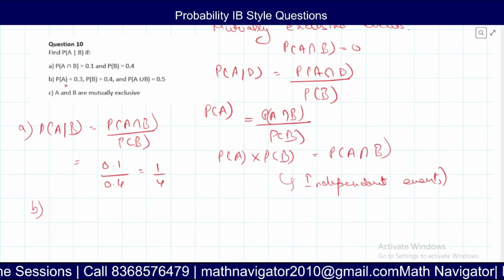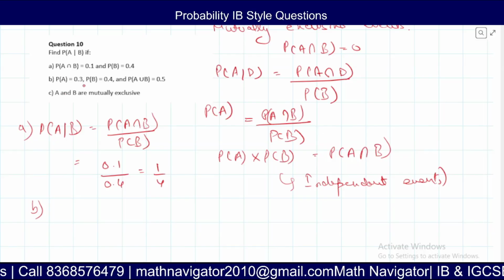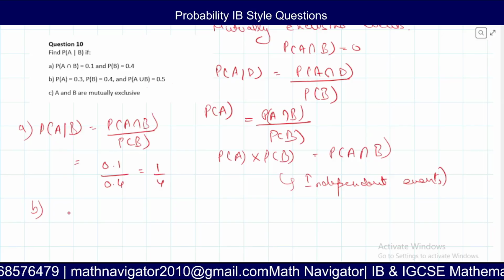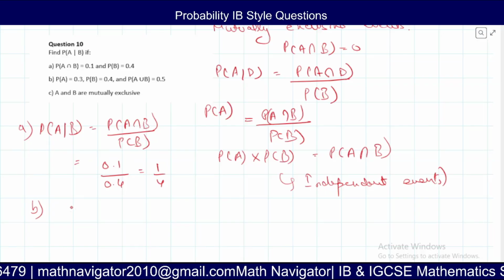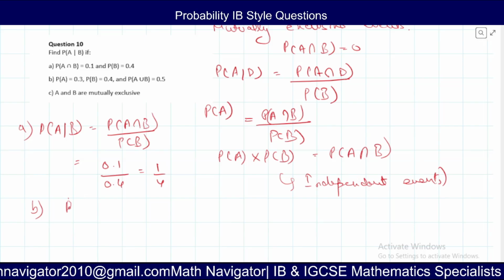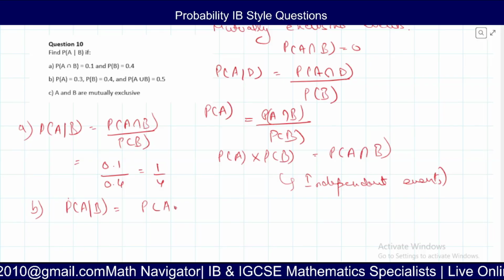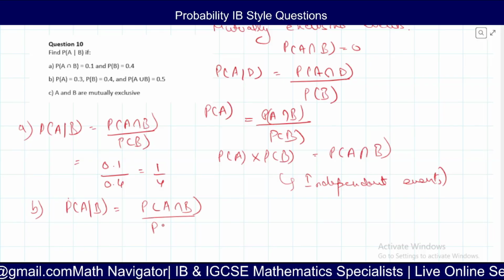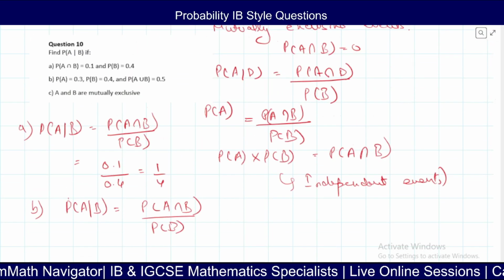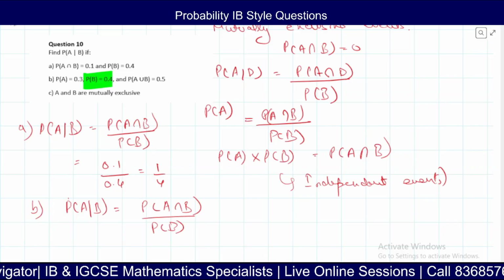In this case, I'm given probability of A is 0.3, probability of B is 0.4, and probability of A union B is 0.5. My formula says probability of A given B is equal to probability of A and B divided by probability of B. I am given probability of B here, but I'm not given probability of A and B, so I want to find it.